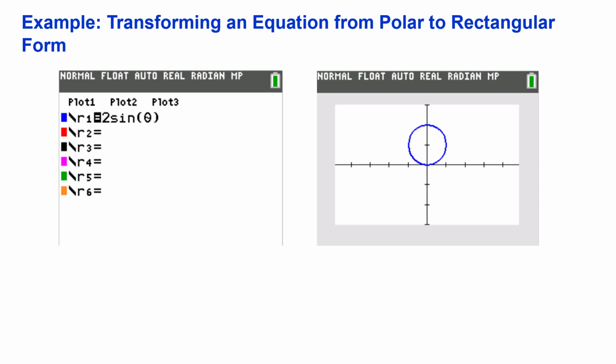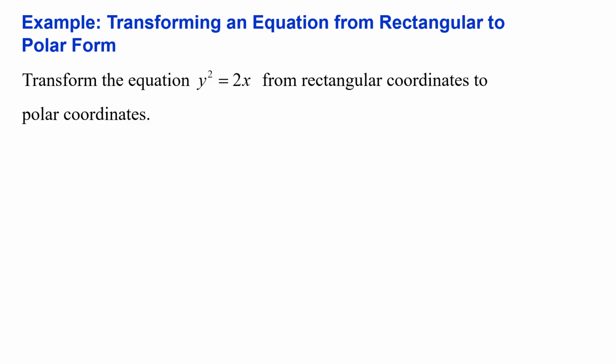In this example, we'll be transforming an equation from rectangular to polar form. And this problem states, transform the equation y squared equals 2x from rectangular coordinates to polar coordinates.